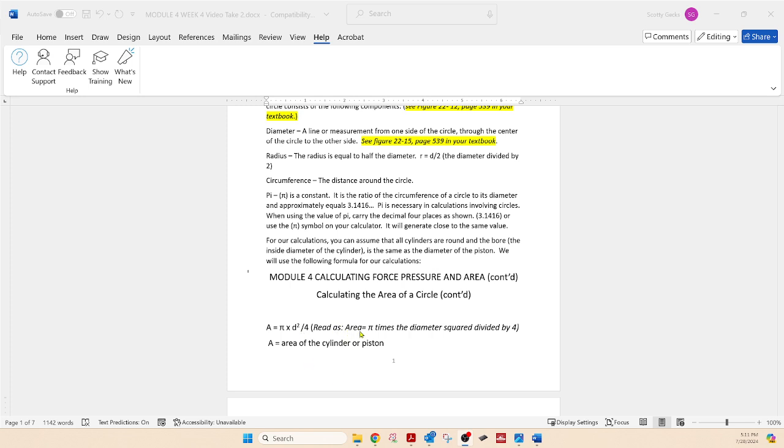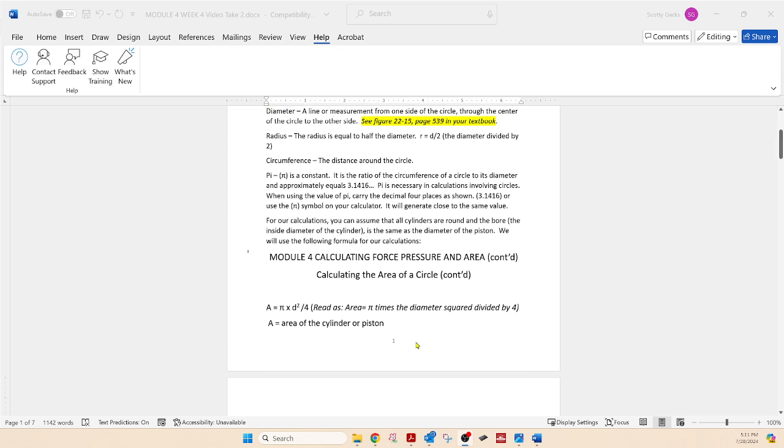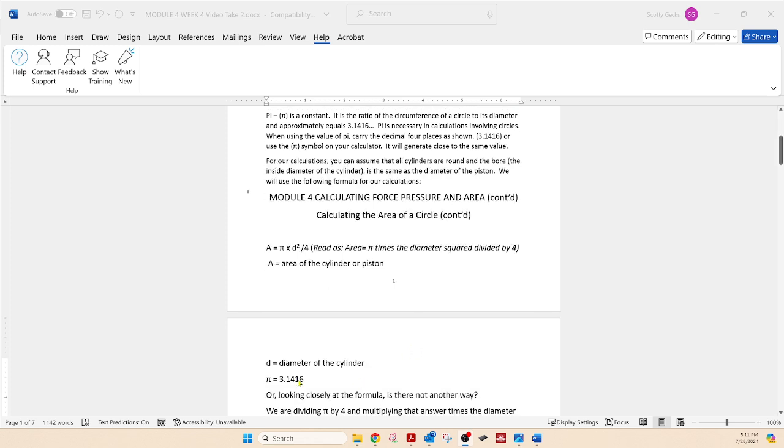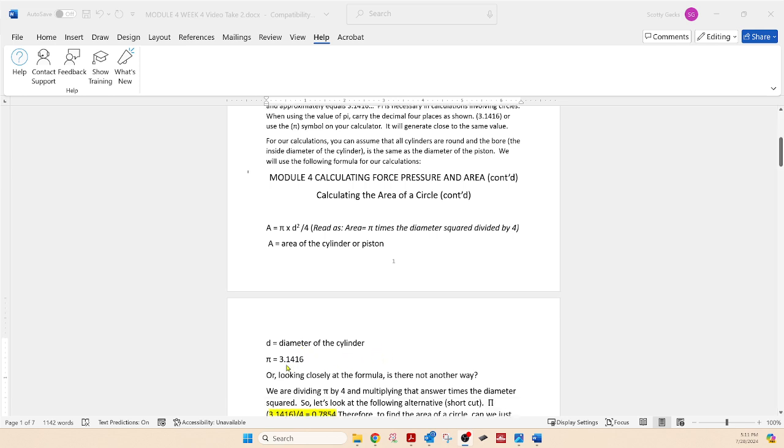You read that as area equals pi times the diameter squared divided by 4. A is the area of a cylinder or piston, D is the diameter of that cylinder, and pi, of course, is 3.1416.